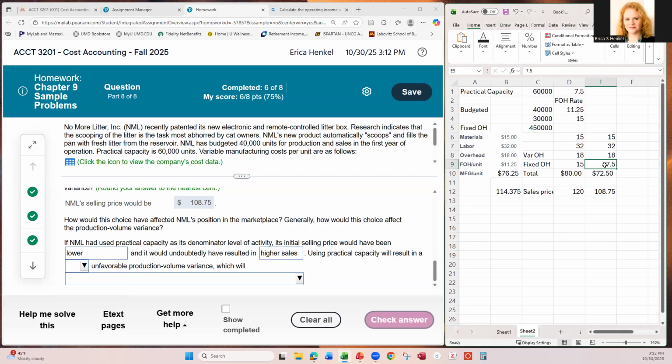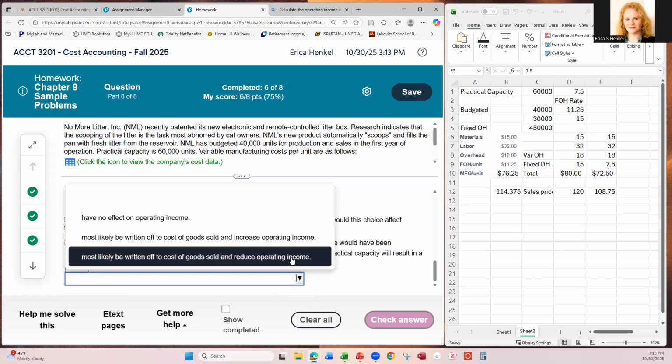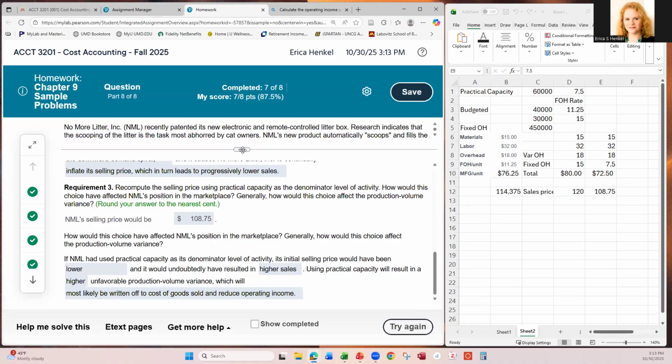So we're allocating out a lower amount per unit, which if we end up allocating that out based on units sold, would be a larger production volume variance, or higher unfavorable production volume variance. And then we would end up writing that off to cost of goods sold, which would also reduce our operating income. So either way, it ends up eventually in operating income.